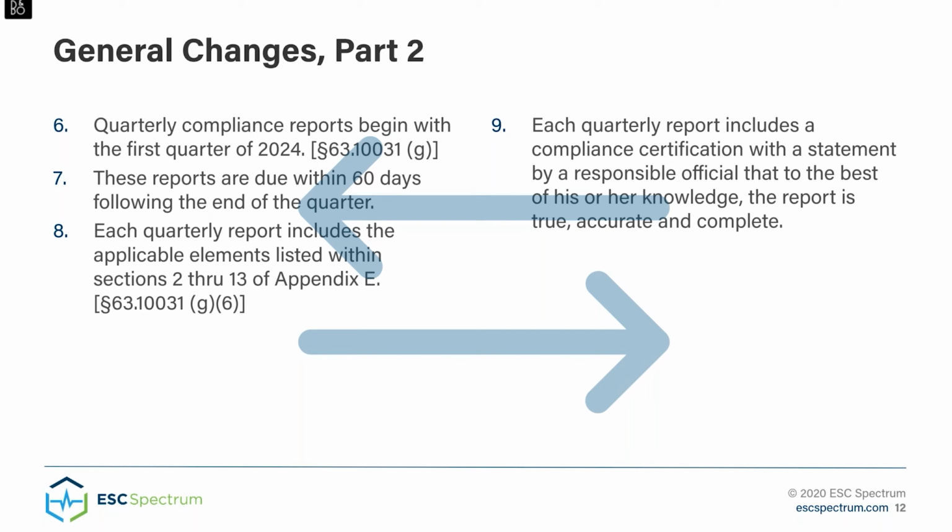And the quarterly report includes the applicable elements that are listed in sections 2 through 13 of Appendix E. So again, you need to look at Appendix E and see what's going to be required of you, because it's going to require that a lot of information be gathered or brought together from other sources that are not necessarily related to the DAS at all. So you need to be aware of that.